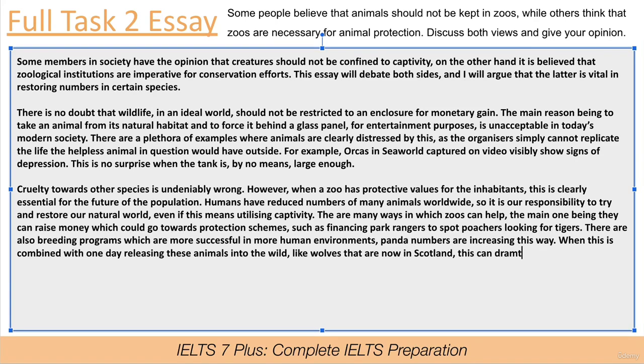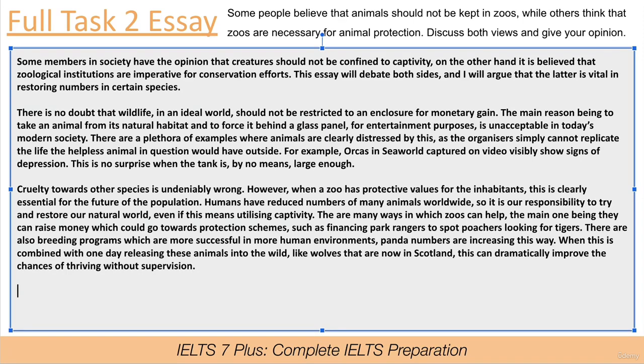This can dramatically improve the chances of future thriving in the wild, in the outdoors, or thriving without supervision. Let's read this back.